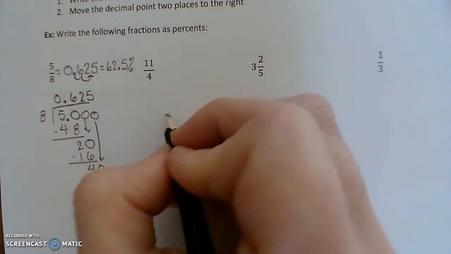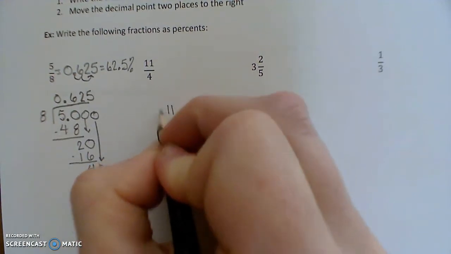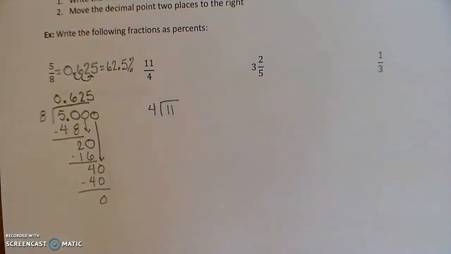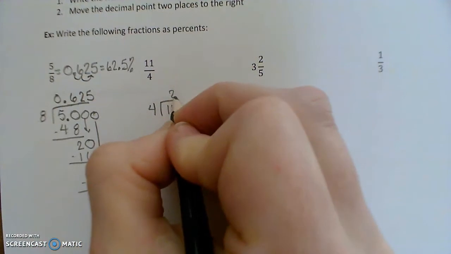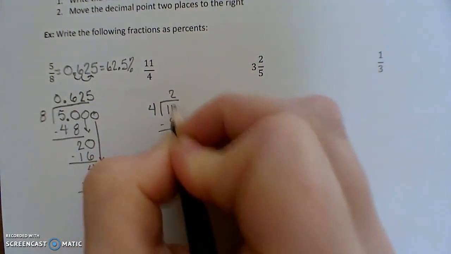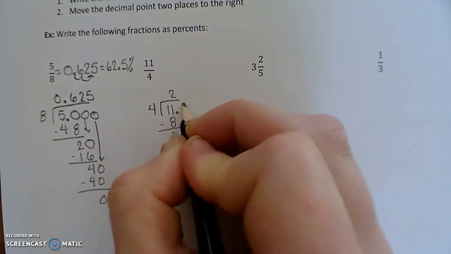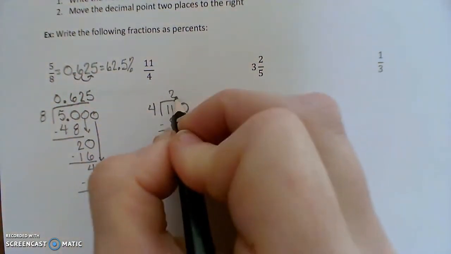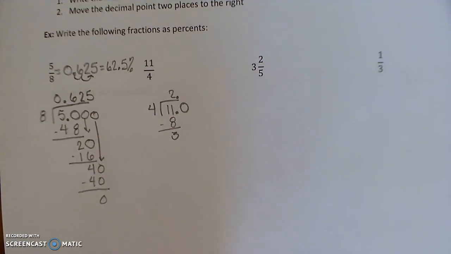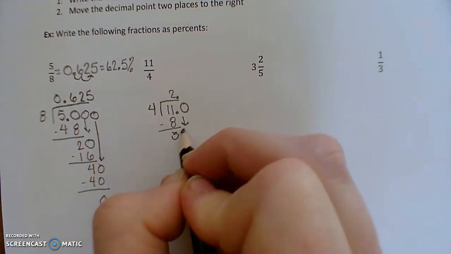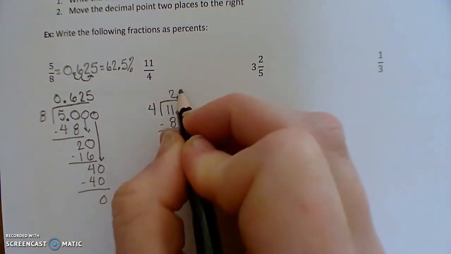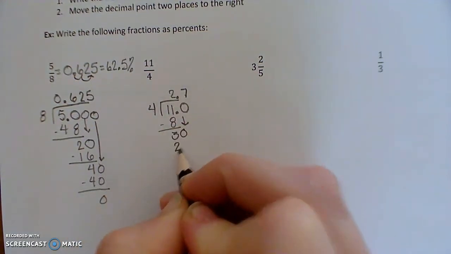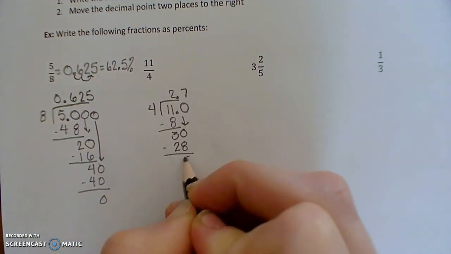Let's do 11/4 now. Take 11, divide by 4. 4 goes into 11 twice. 2 times 4 is 8. Subtract and add a 0. So append a 0 after the decimal point. And bring that down. 4 goes into 30 7 times. 7 times 4 is 28. Subtract.